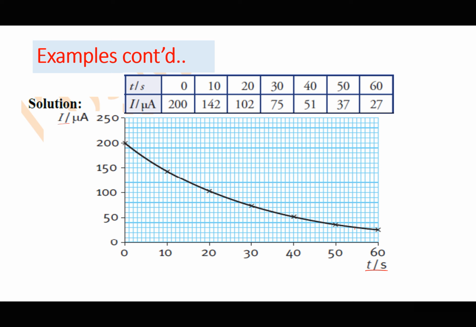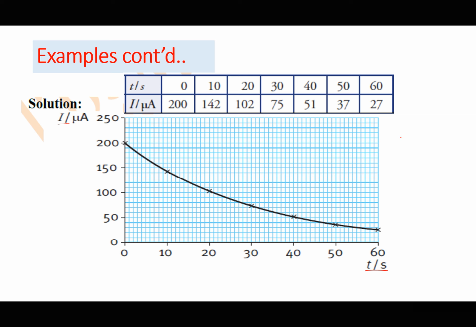So the question was plot a current time graph and use it to estimate the value of C, where C is the capacitance. Now you may ask yourselves, how will I find the capacitance from a graph of current against time?